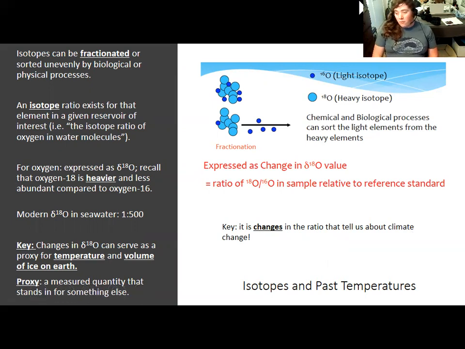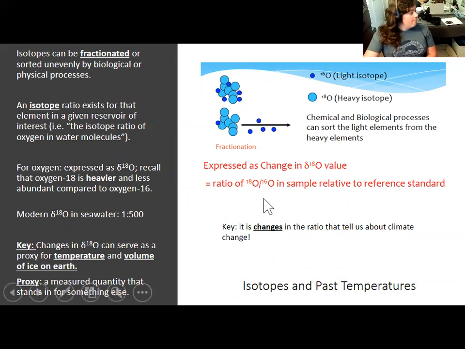For example, water evaporates and tends to take up the light isotope, whereas a number of other processes, like forming shells or forming rainwater from water vapor, actually tend to take out a lot more of the heavy isotope. And this is simply because a molecule of one of the isotopes has a slightly different mass from the other isotope. And I'll talk about more specifically how this affects oxygen as we go forward.